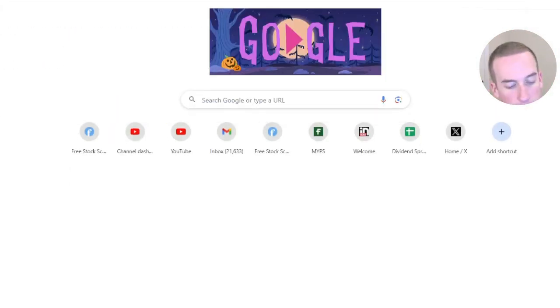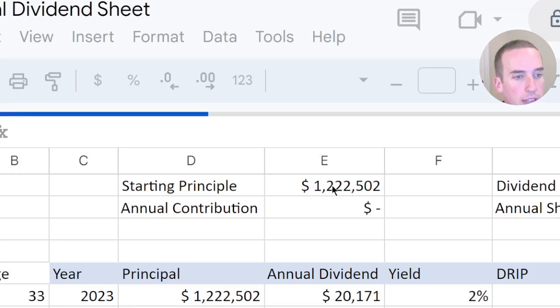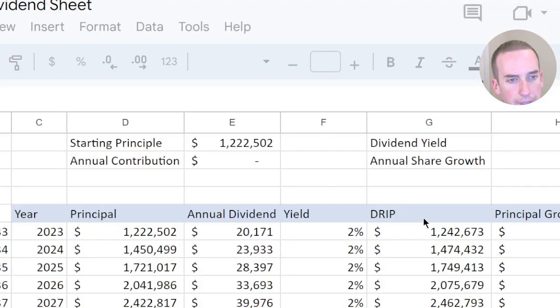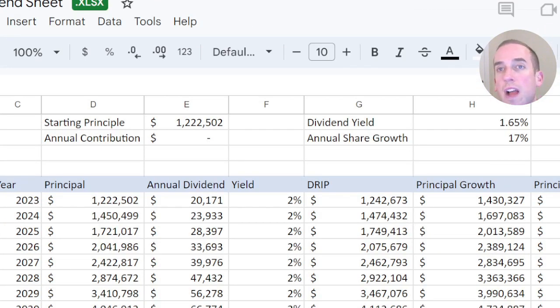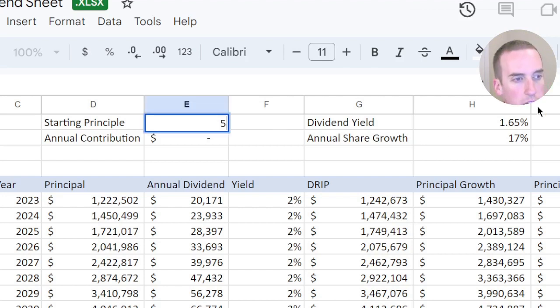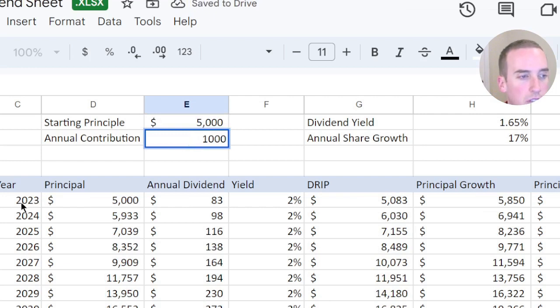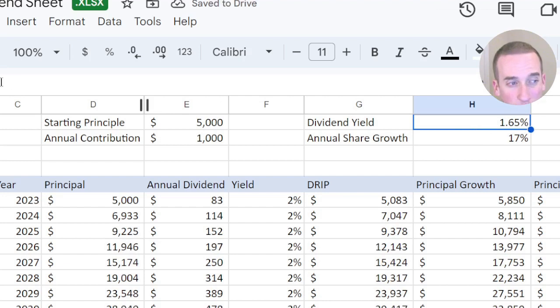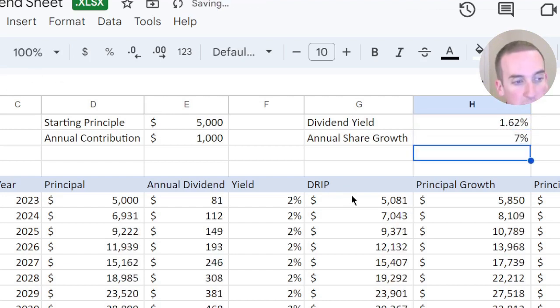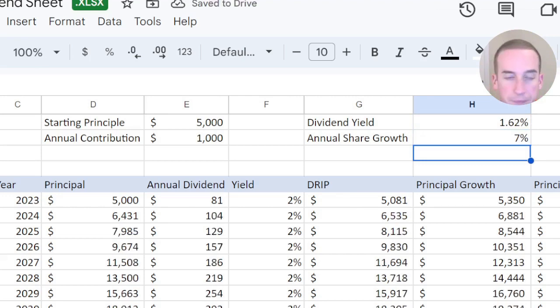What happens if you put $5,000 into the stock market in 2023, and every year you just add $1,000, and the dividend yield is 1.62% for the VOO, and every year it's going to go up 7% conservatively.